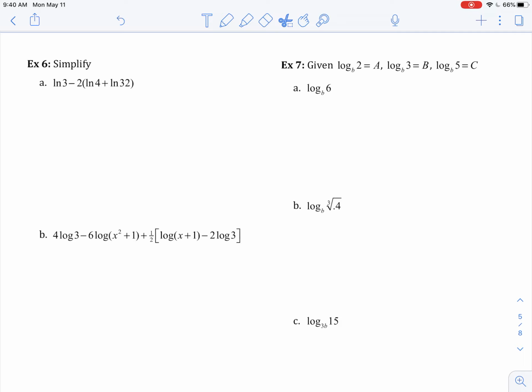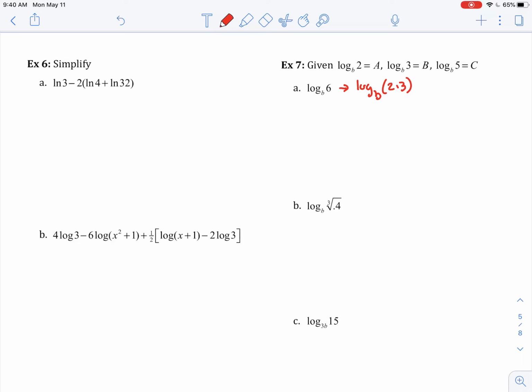So if I start with 7A, 6 we know is equivalent to 2 times 3. So I can rewrite this as the log of 2 times 3 instead of 6.